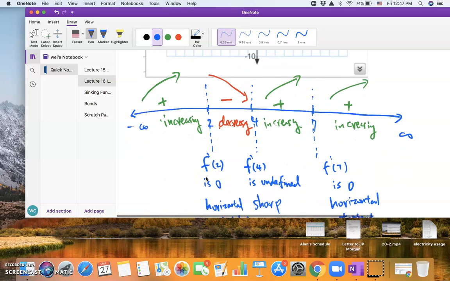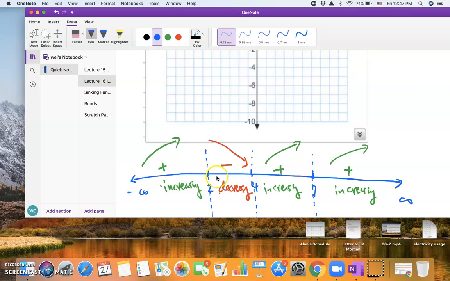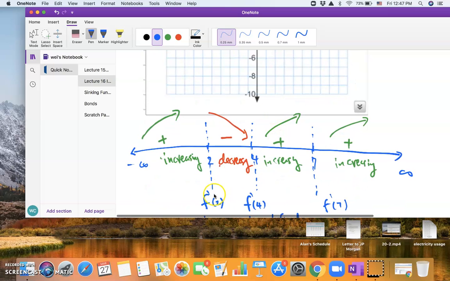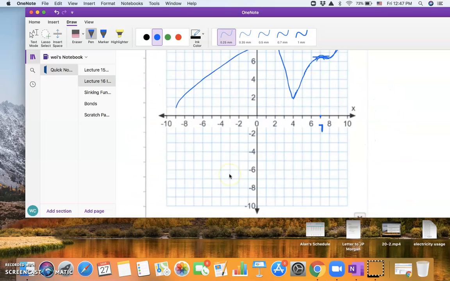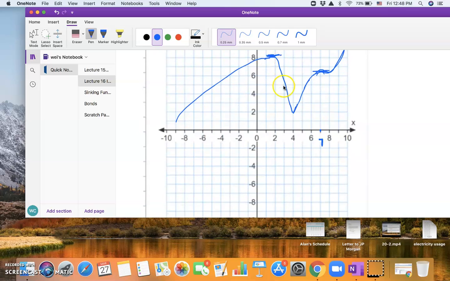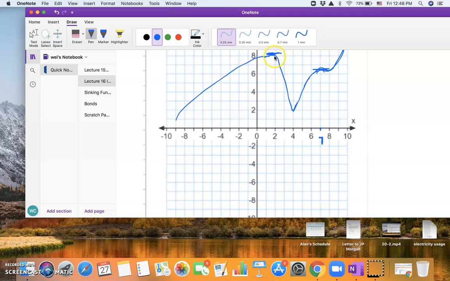Now let's summarize this. From negative infinity to 2, the function is increasing. At x equals 2, we have a horizontal tangent line. From 2 to 4, the function is decreasing, and at x equals 4, since the derivative does not exist, the graph has a sharp corner.